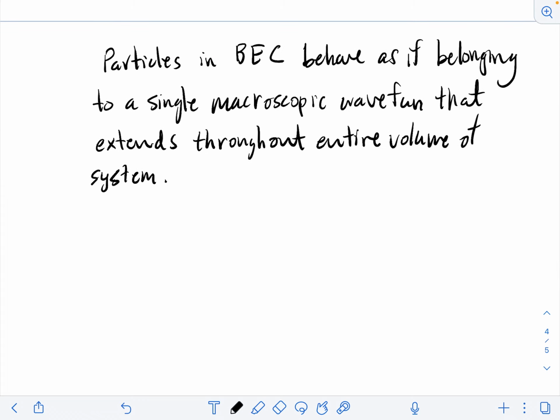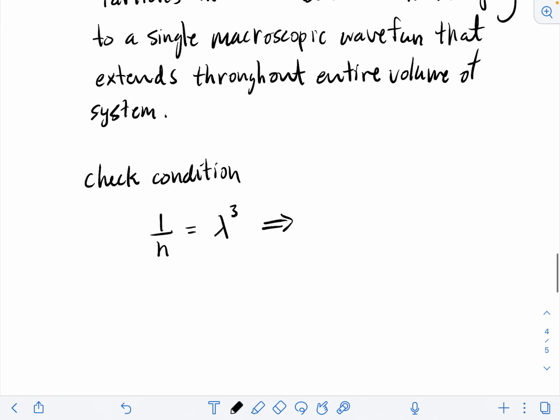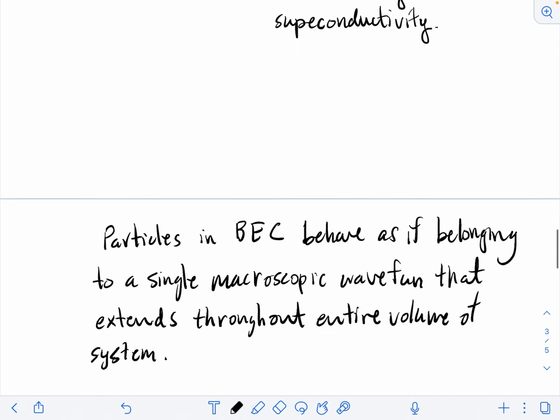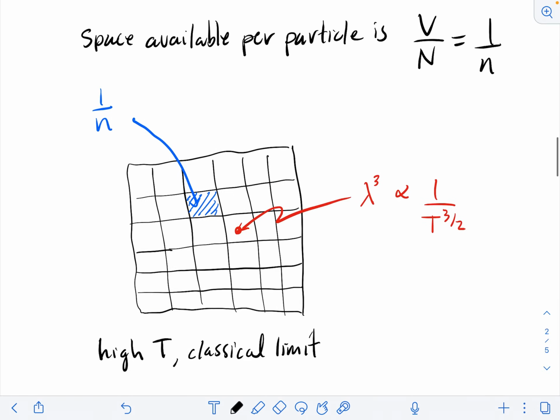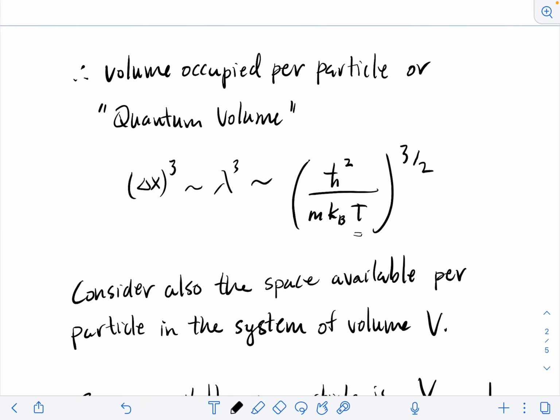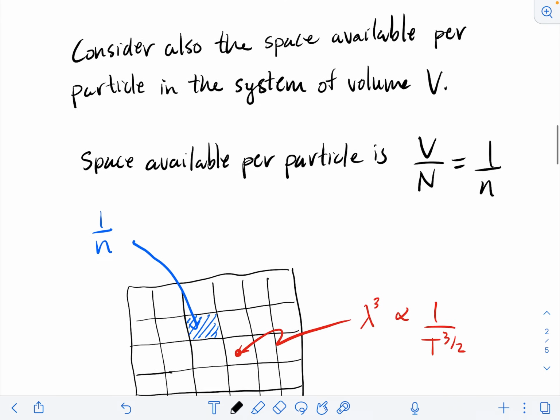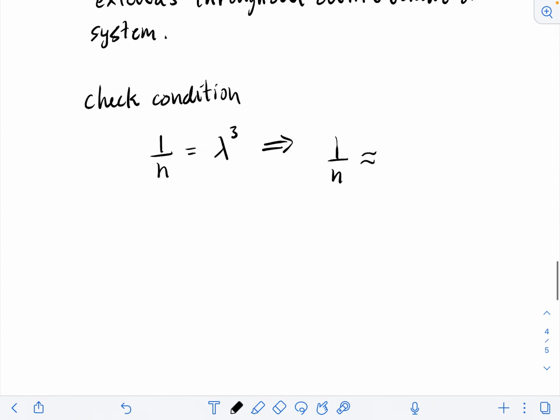So let's check this condition that the space available per particle is equal to the quantum volume. Well, what that means is that 1 over n would have to be equal to lambda cubed, which was h bar squared over m kBT, all to the 3/2 power.